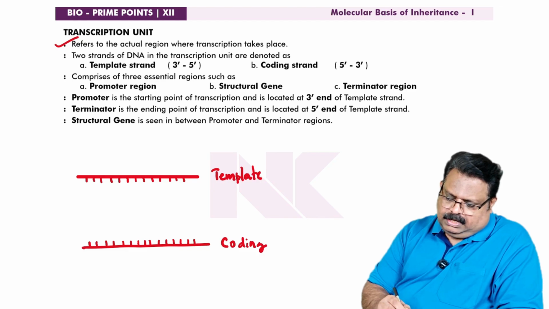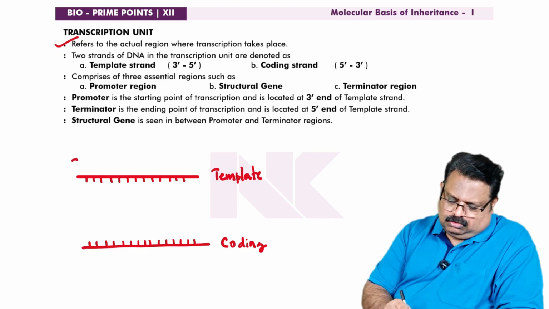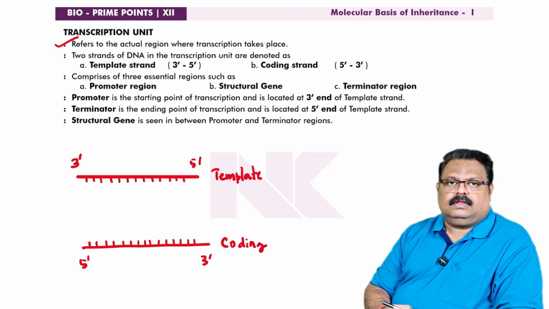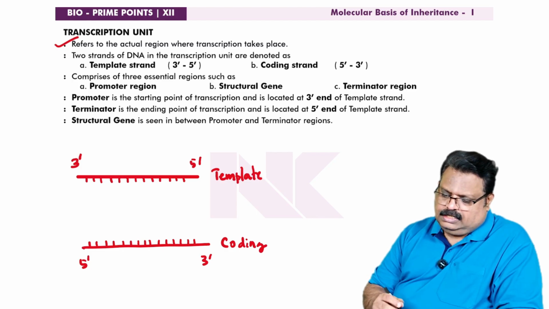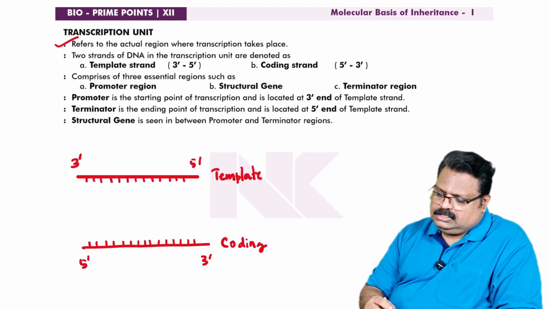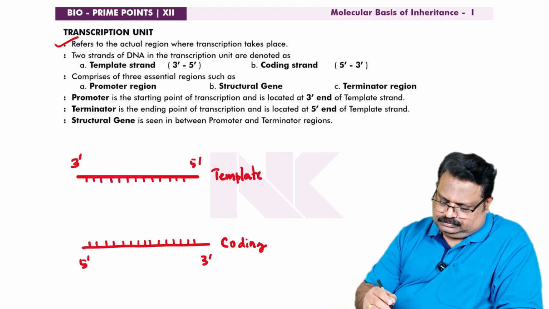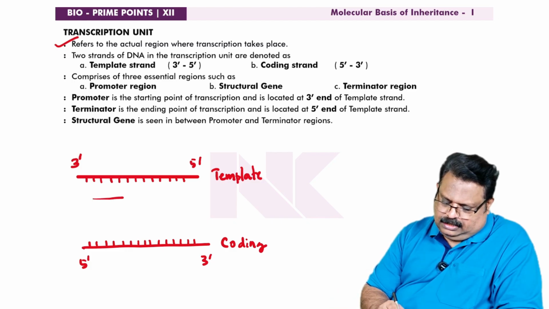The template strand orientation will be 3', 5'. So the coding orientation will be 5', 3'. A new RNA strand is synthesized based on the template strand. This is the RNA produced.